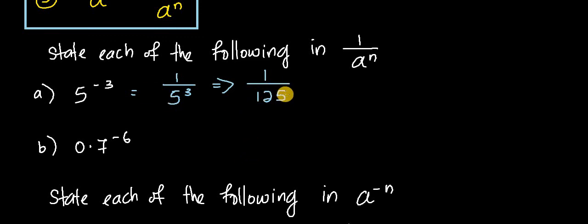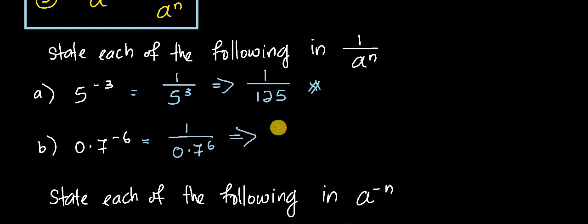So this is solved. Okay, so 0.7 power negative 6. Another way to write this, instead of having a negative power, is 1 over 0.7 power 6.